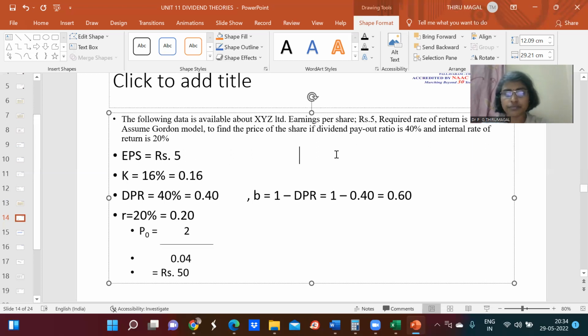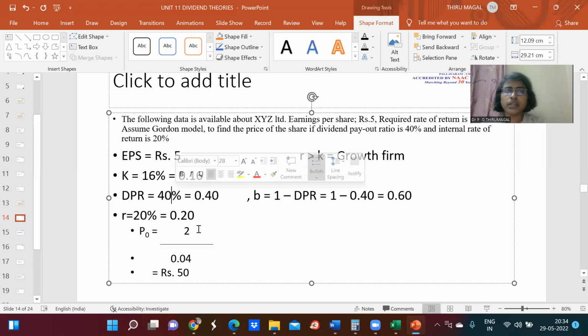R value is greater than K, which means it's a growth firm. They are supposed to follow 0% as the optimum dividend payout policy to maximize their share price, but they are following 40% dividend payment. So according to this rule, if they go with 0% dividend payment, the share price can be increased further.